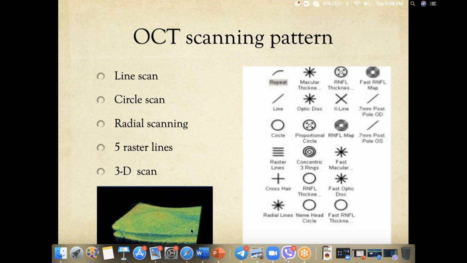For example, if there is a CSCR and you do 5 rasters, 7 rasters, 9 rasters, it tends to make sections starting from the edge of the pathology right to the other end. And you are not wasting your time and your analysis on the areas which would otherwise be of the least importance.